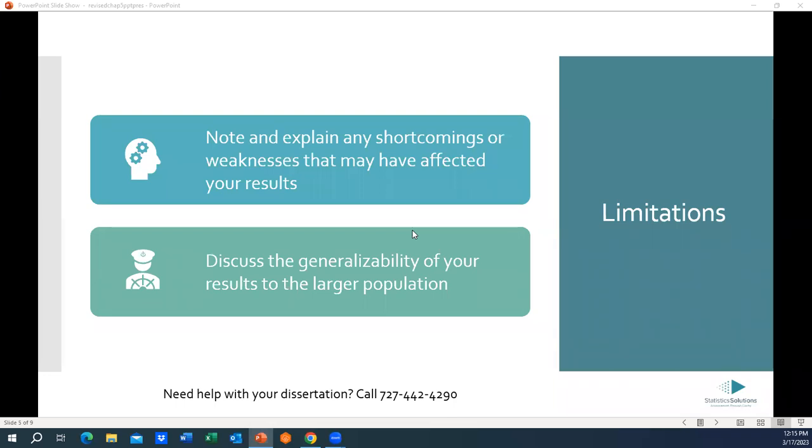For qual studies, your findings aren't meant to generalize. I mean, you have a low sample size by design because you are trying to get that in-depth information. You may have done interviews, may have had 8, 10, 12 participants.